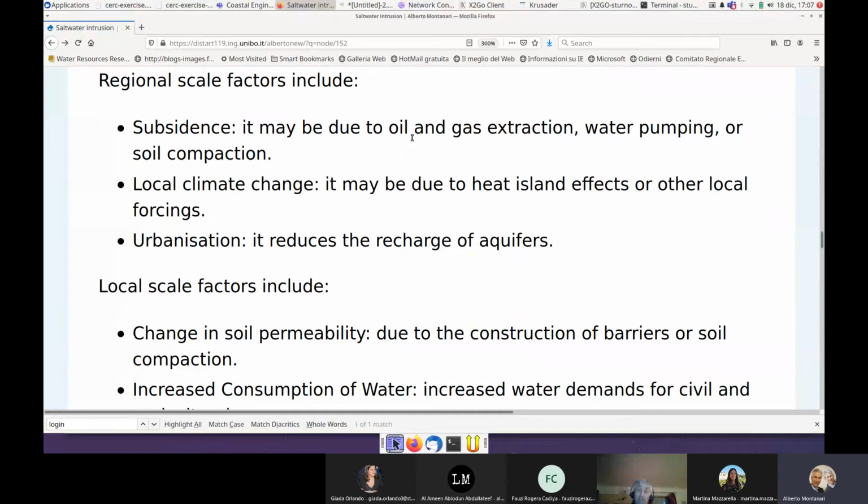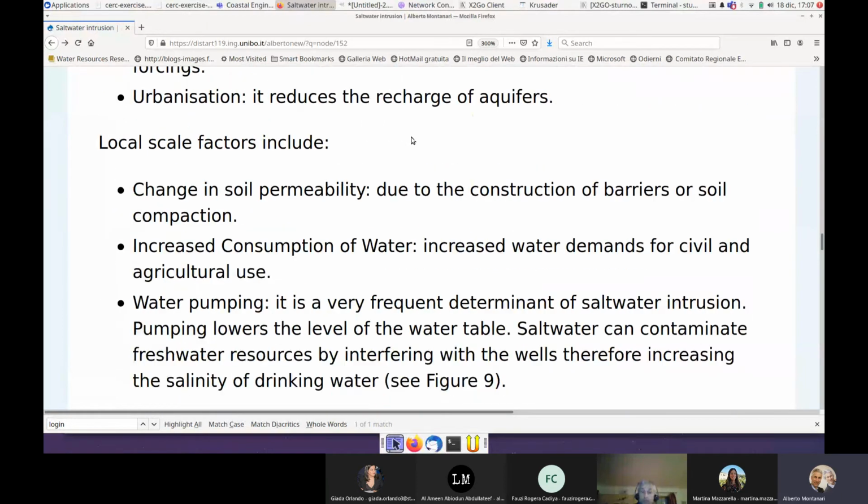In several coastal areas, you have a combination of these effects. You have urbanization, which means impermeabilization of the soil, and you have groundwater withdrawal, because when you put people in the coastal areas, besides urbanization, you need water to feed them, and therefore increased water pumping.